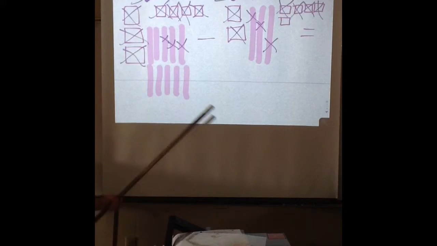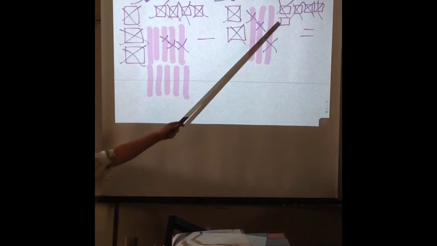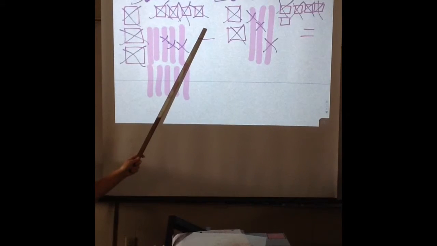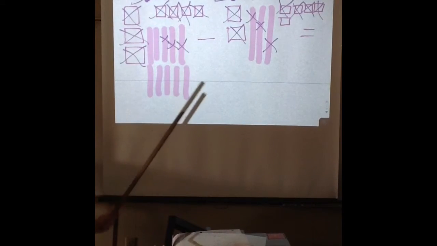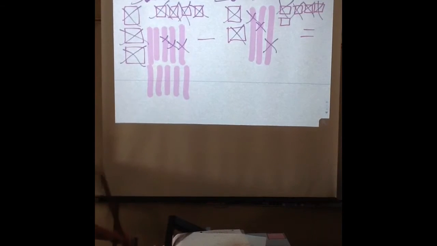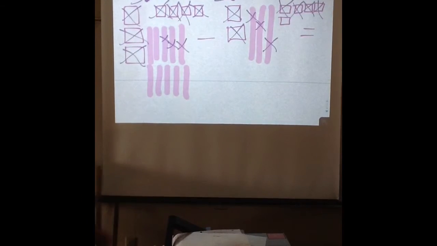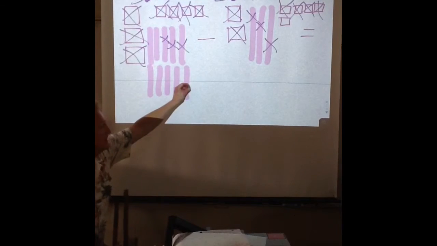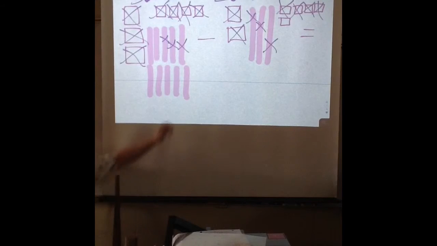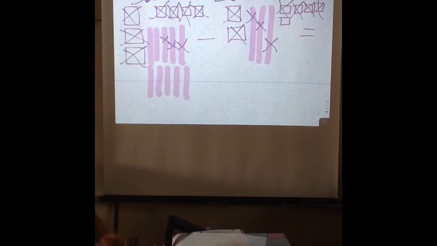Uh-oh. What do I have? I've got one more to cross off, but do I have another one to cross off over here? No. What do I do? You need to borrow. I have to borrow from the tenths. So how many of these cubes are in the tenths? 10. There's 10 of them, aren't there? Nice.